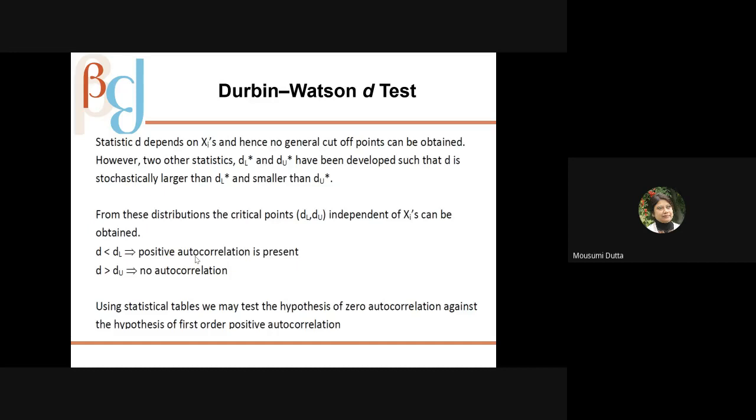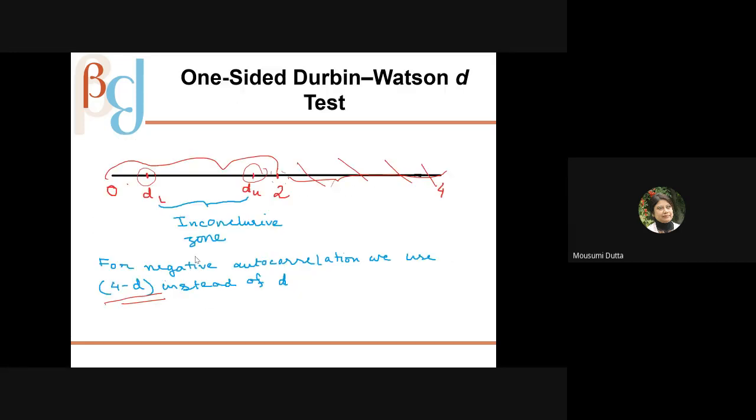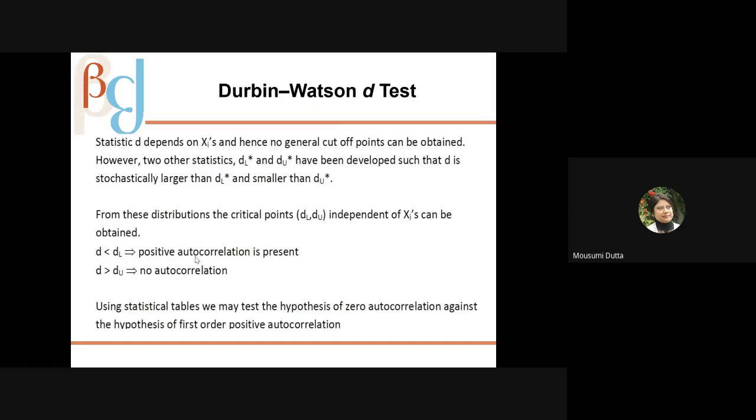If D is less than DL, there will be positive autocorrelation. If D is greater than DU, no autocorrelation. So if D is less than DL, that is, in between 0 and DL, there are infinite number of values in between 0 and DL, in that case, positive autocorrelation.